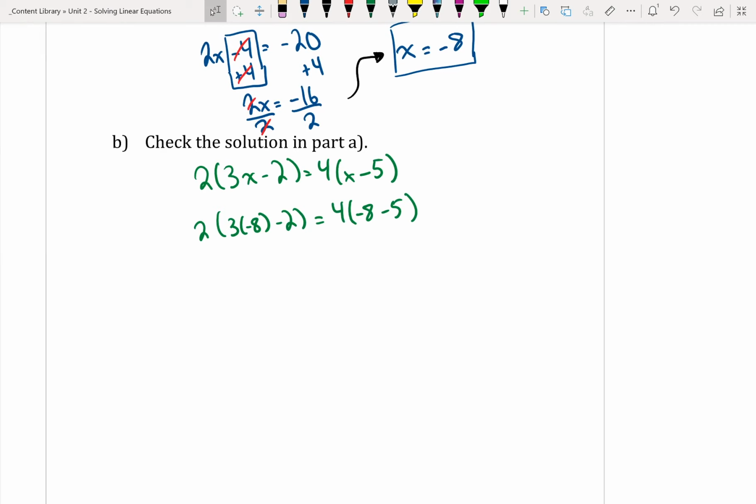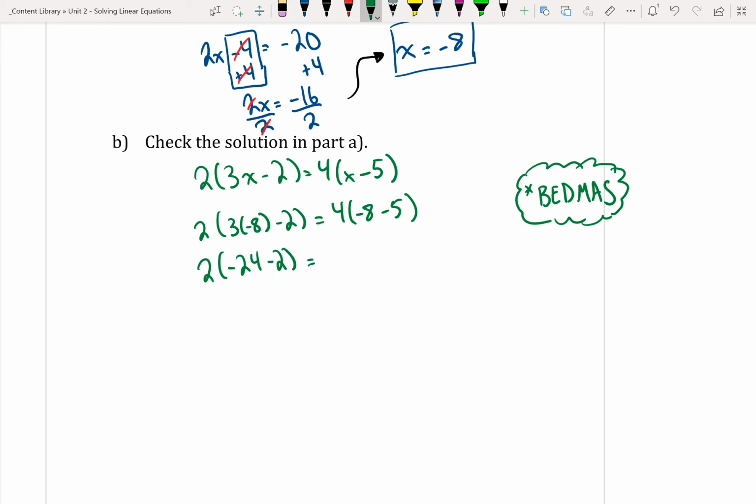This is where BEDMAS becomes very handy. Order of operations: brackets, exponents, division or multiplication, addition or subtraction. So I'm going to simplify my brackets first. 2 times, we have 3 times negative 8, which is negative 24 minus 2, equals 4 times negative 8 minus 5, negative 13.